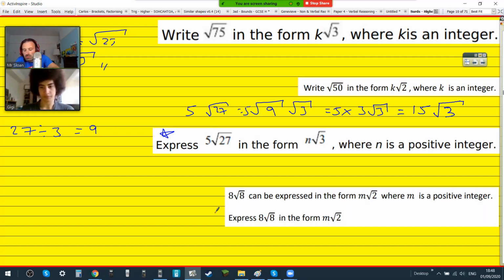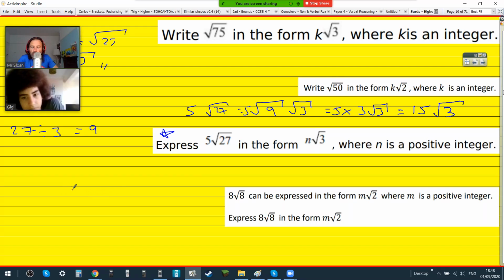All right. Express 8 root 8 in the form m root 2. So it will be well, 8 times 8 divided by 2 is 4, so it'll be 4 root 2.